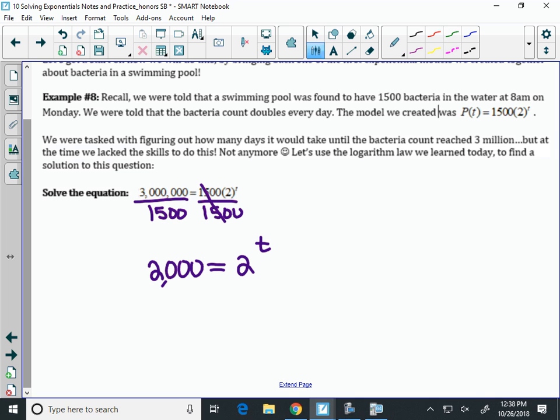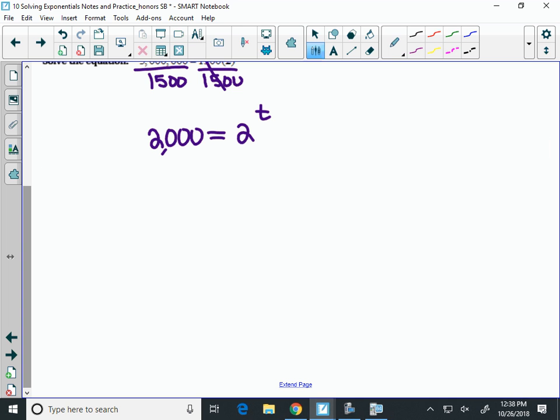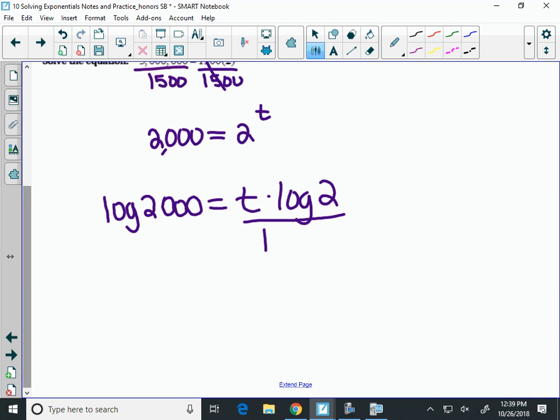All right. Let's finish this up. Let's take the log. What kind of log are you going to use? The common log. Common log of 2,000 equals t times the log of 2. You'll get t by itself by dividing by log of 2. And when you take log of 2,000 divided by the log of 2, what's the time?